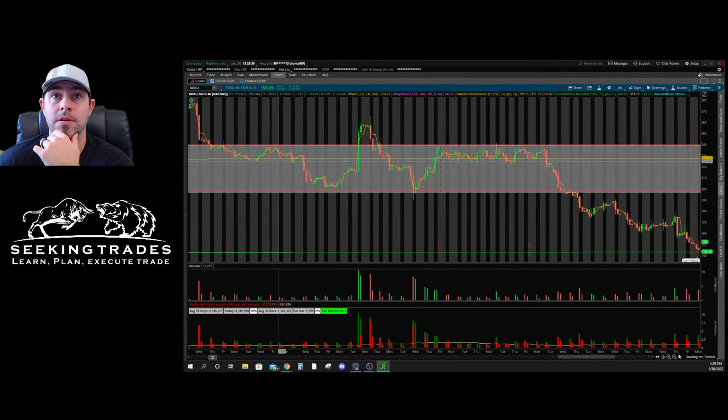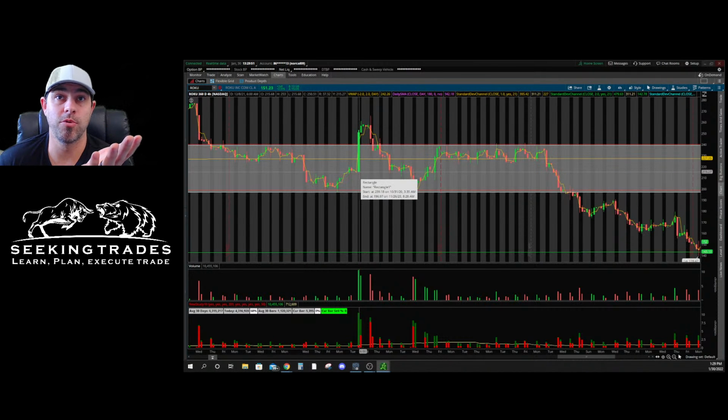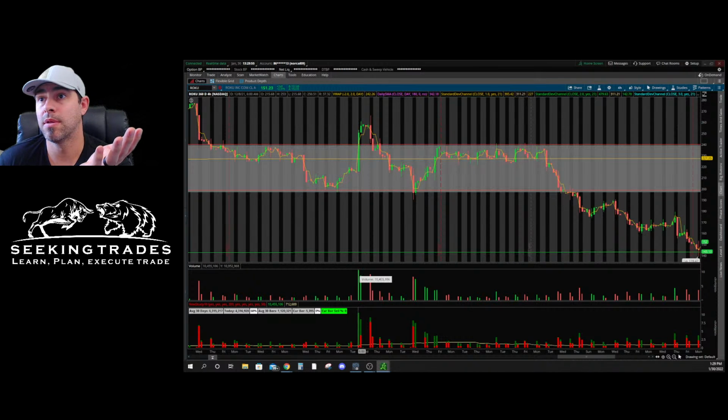Okay. So it came down, tested this area, and starts to rally a little bit, pushing up. Then this day, in the first 4 hours of the market, look at that volume. It says it's over 10 million, and probably more.